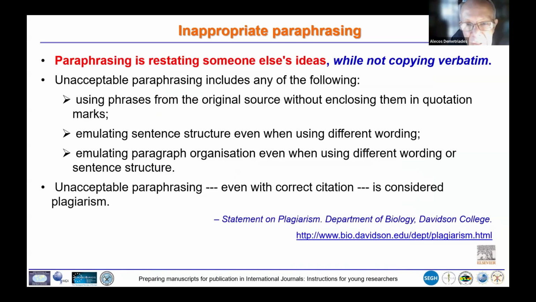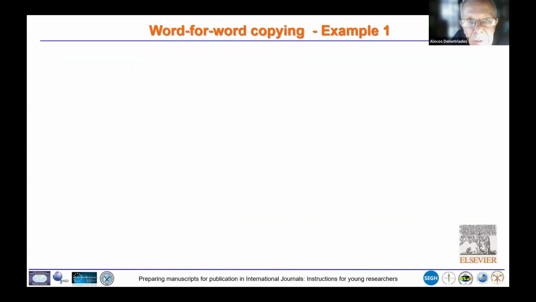Unacceptable paraphrasing, even with correct citation, is considered plagiarism. It's better to put the phrase in inverted commas and write the name of the author and the page number from where you got it.